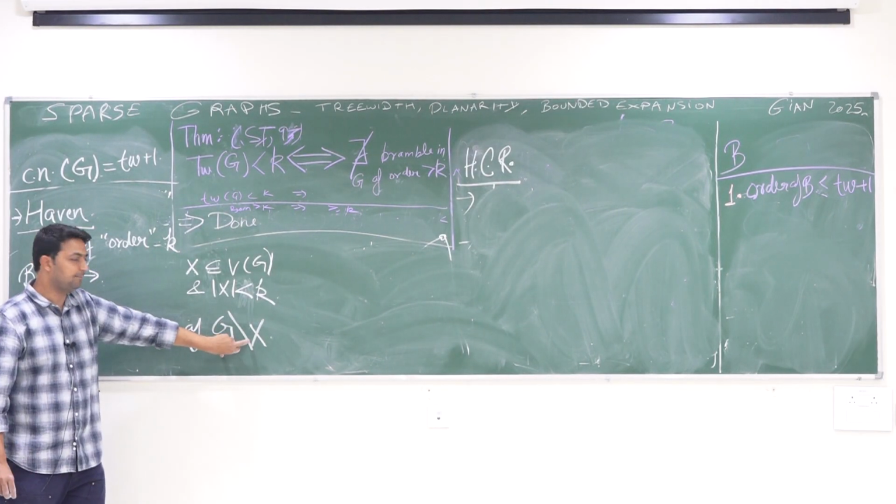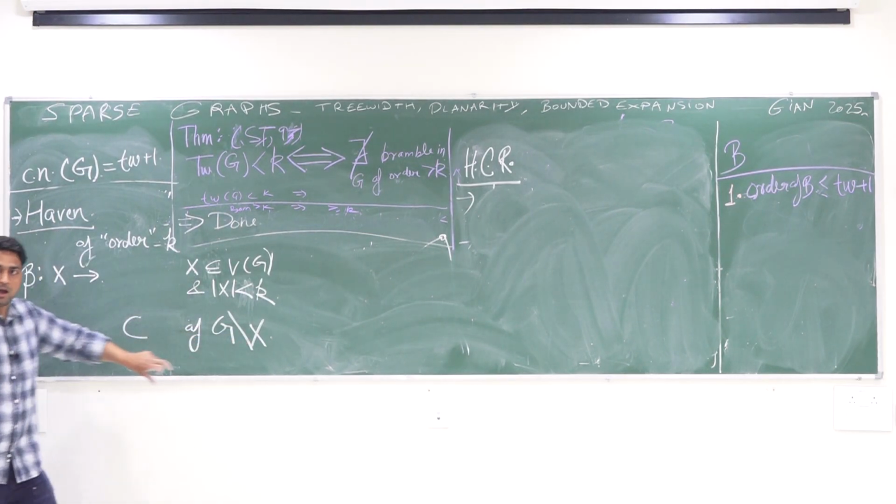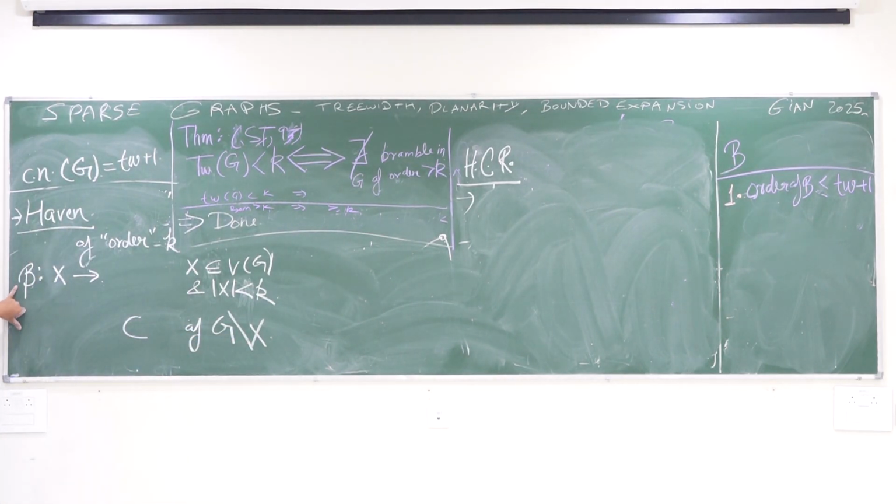G minus X may have some connected components. I will give a mapping beta from X to one of these connected components. And what is the additional property?